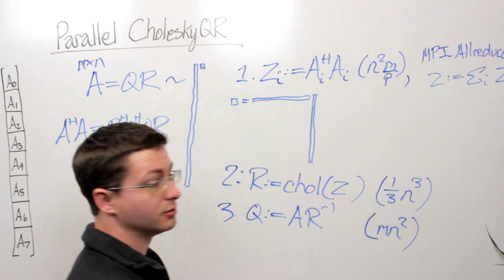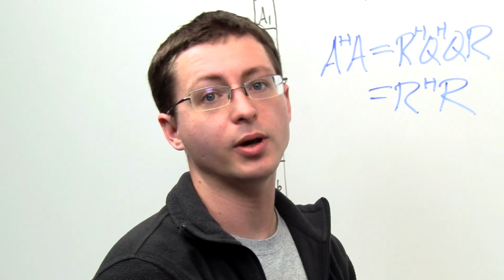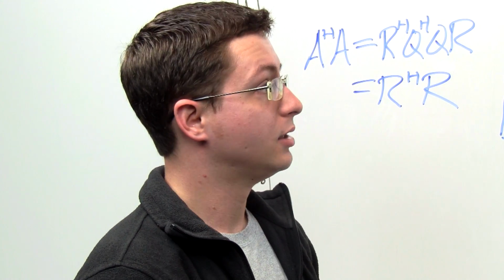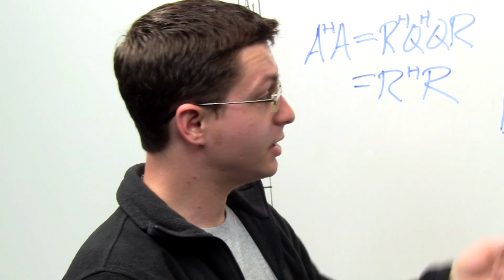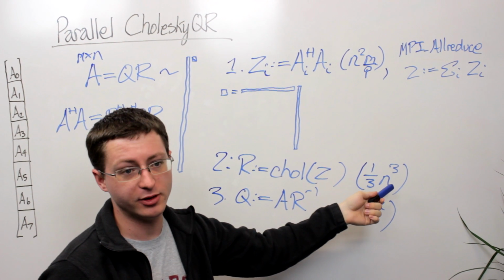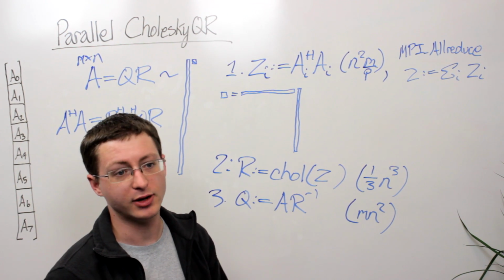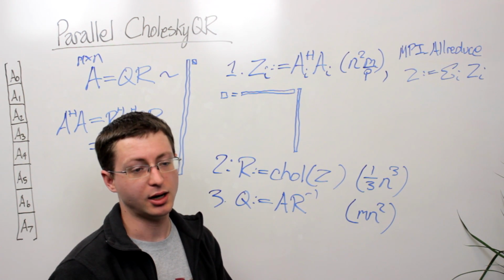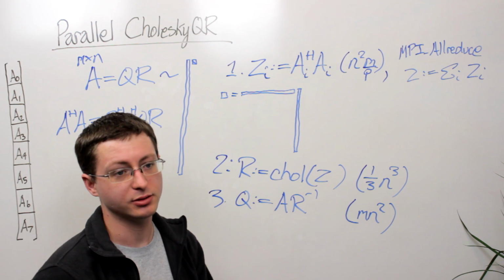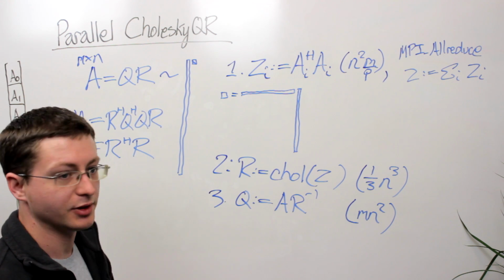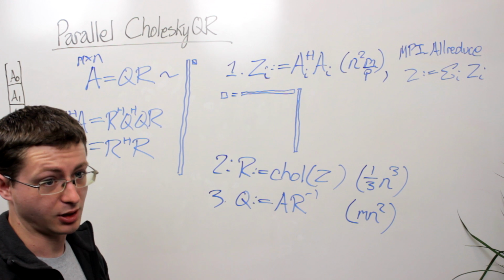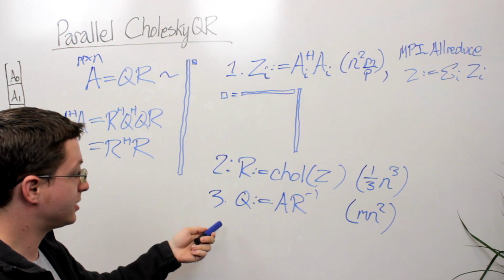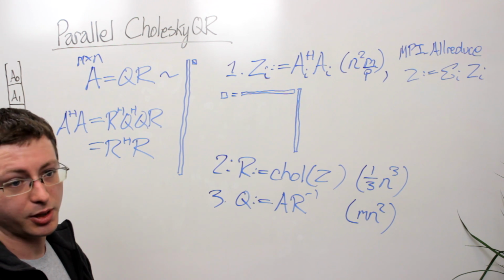I'll leave it to you to recall what the cost is for all reduce. In the second step, since n is assumed to be very small, we might want to just have every process redundantly compute this Cholesky factorization. If n is very small, this would essentially be an ignorable operation. Now the third step is trivially parallel.